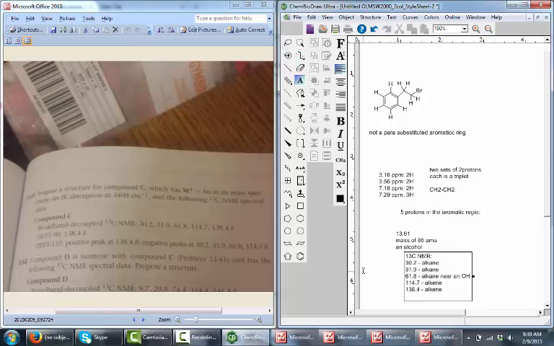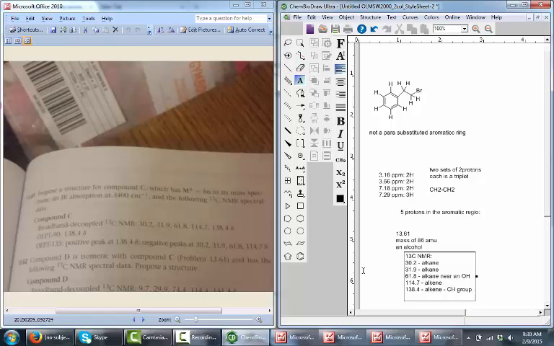Now we're going to go to the DEPT experiments shown in the particular problem. The DEPT 90 experiment shows a signal at 138 ppm. So that signal is showing me a CH group. Okay, so I'm going to put that information in as well. This is a CH group according to DEPT 90.